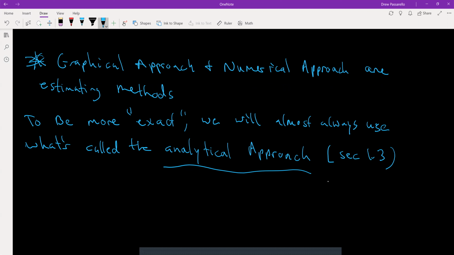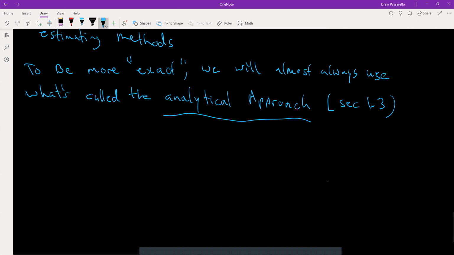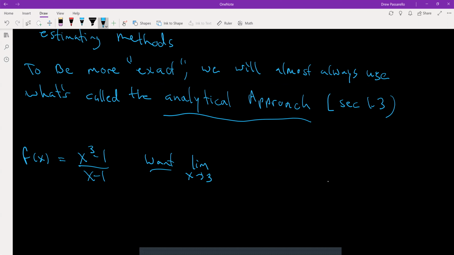So the analytical approach is actually the next section, but I'm going to go ahead and just demonstrate it for this particular example I've been doing. So we had f of x equals x cubed minus 1 over x minus 1. And we want the limit as x goes to 1 of this function.